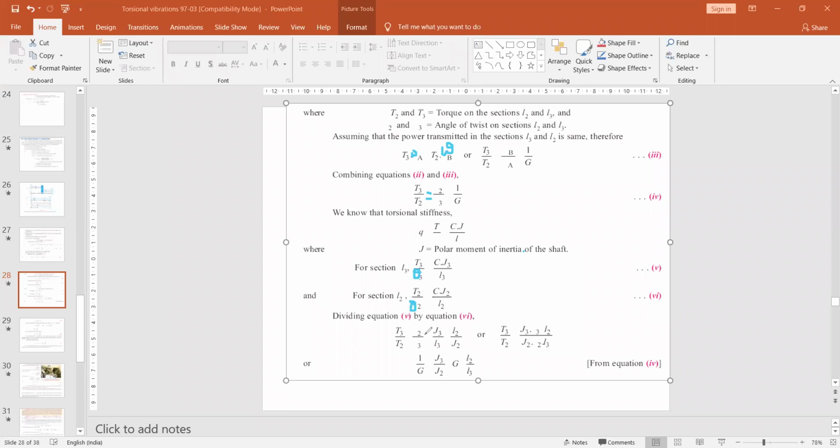So those values have arrived here. That is also one relation: 1 by G equals J3 by J2 into L2 by L3.